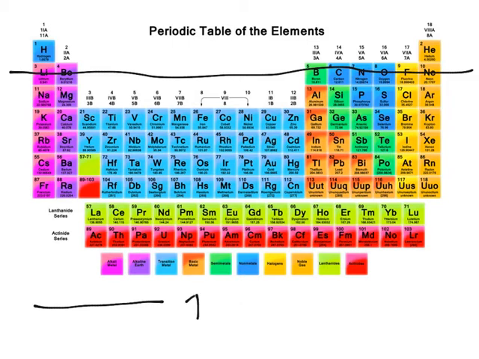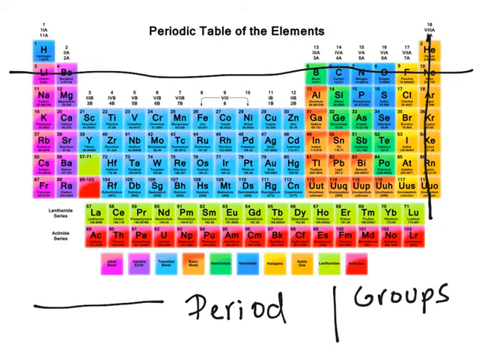So these are periods, and the vertical columns, like this one, will be groups. Some people also call them families, but you will use groups more often.